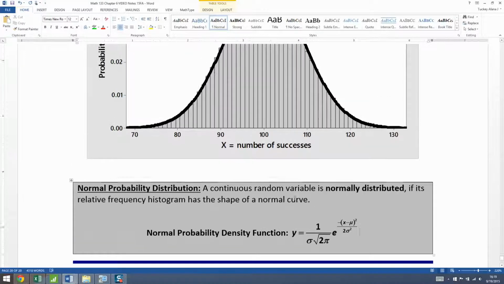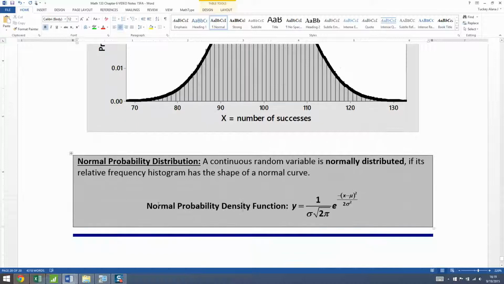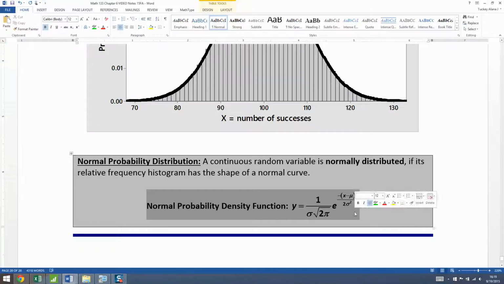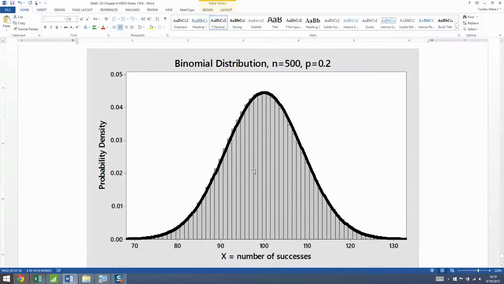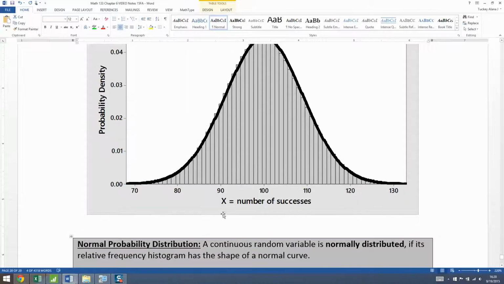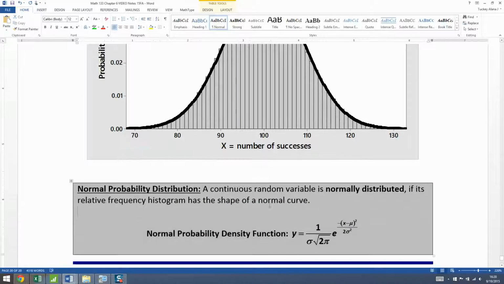Now, we're not going to ever graph this by hand, but realize what an amazing formula this is and how it came about by studying things like coin tosses, because coin tosses are binomial, and they realized that they were forming this very special pattern, and then these mathematicians were able to figure out what the formula for that pattern must be, and we will use that formula, well, not directly, the calculator will use it to figure out all sorts of problems for us in chapter 7 and 8 and beyond.